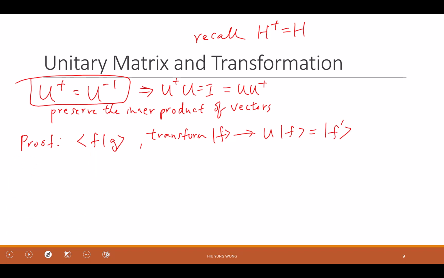If that is the case, at the same time, G is going to be UG, right? Because we are in the same world. You cannot rotate just one edge of the table and not the other edge. Okay? So what is this new product, F dash G dash?